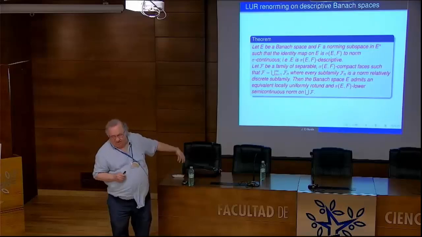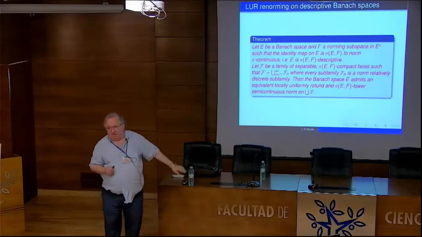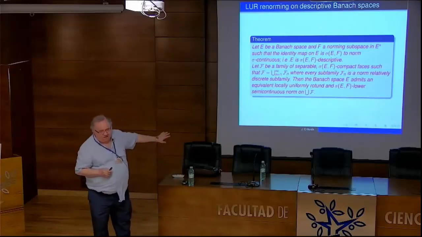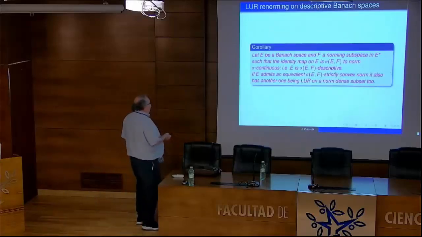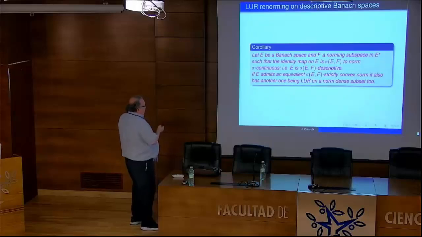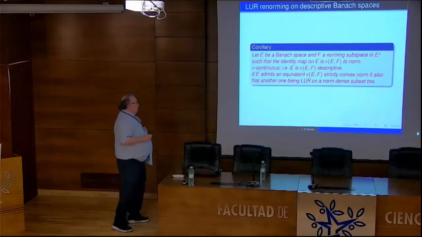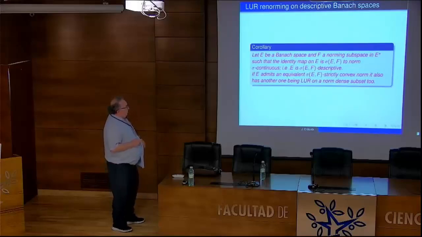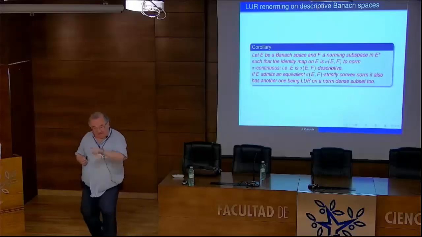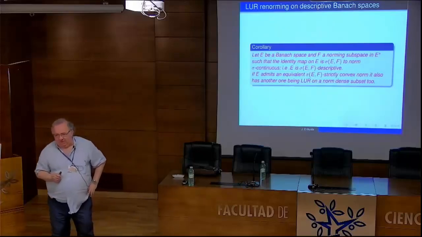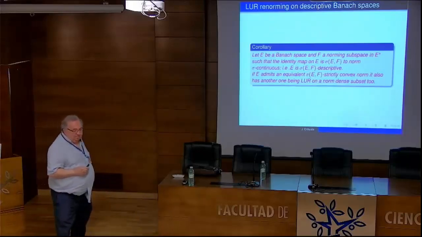Here, with a biorthogonal system. Here they are in full generality. A descriptive Banach space admits an equivalent strictly convex norm, which is also LUR on a dense subset. This is exactly the case of the other day, but in full generality.